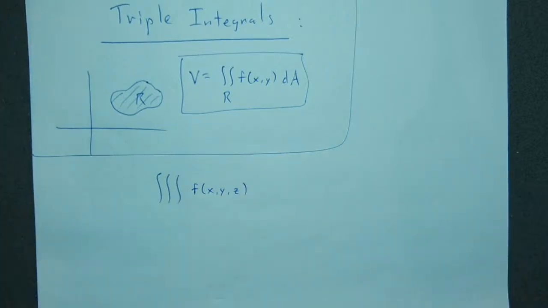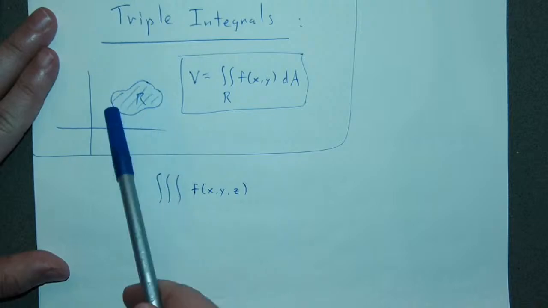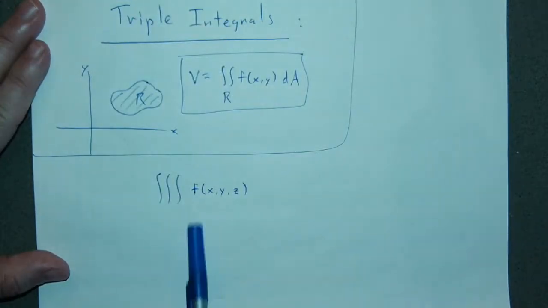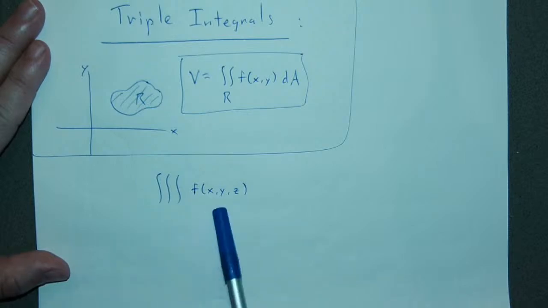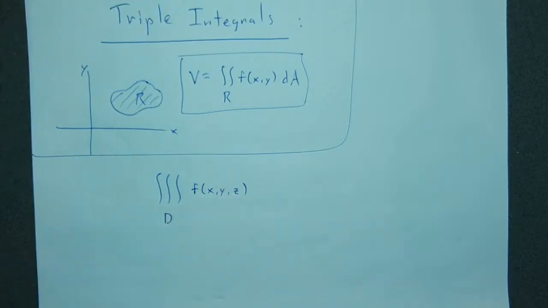Now, a function of two variables is defined on some two-dimensional region in the xy plane, right? A function of three variables, though, is defined on what kind of region? Well, it's defined on some three-dimensional region D. It's defined on a solid region D in space.